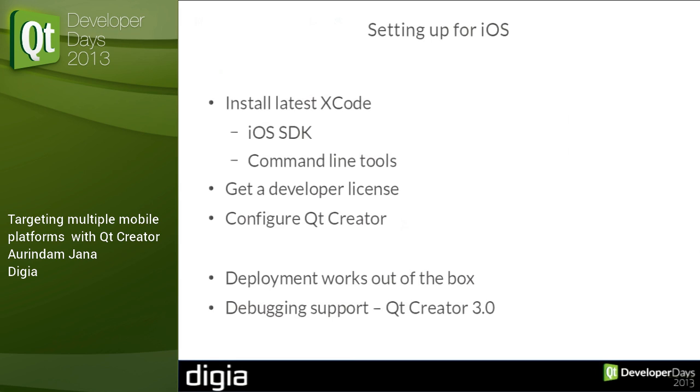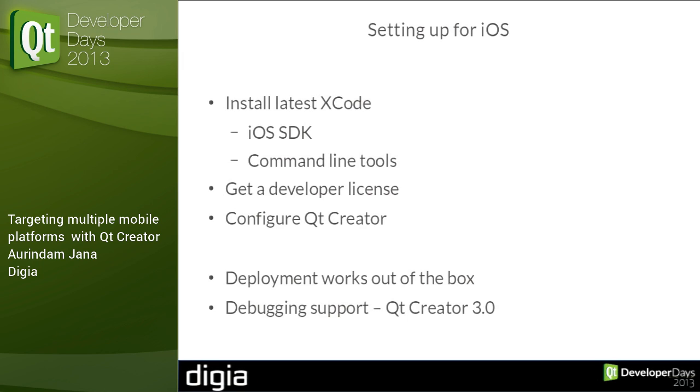Setting up for iOS. Recently Fauzi, my colleague over there, just pushed the patches for iOS. So the good part is that Qt Creator also has iOS support now. What you need to do is install the latest Xcode, install iOS SDK, install the command line tools. Of course, get a developer license, otherwise it doesn't work. And configuring Qt Creator is simply adding the QMake, or basically adding the Qt version that was built for iOS.